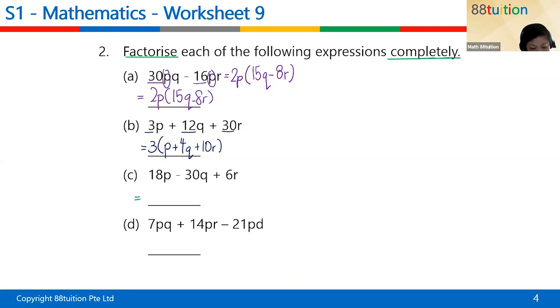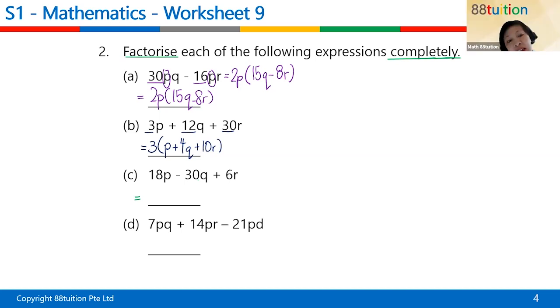Okay, let's take a look at C itself. 18P minus 30Q plus 6R. So what can we do for this C here? What is a common number that 18, 30, and 6 can all be divided by? 2.